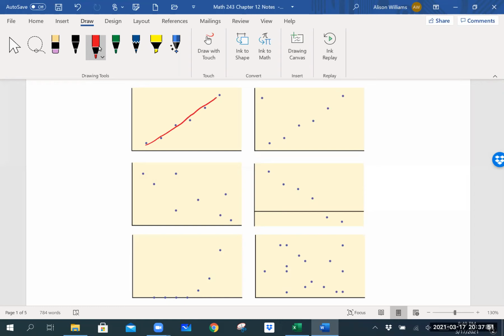So this I would consider a strong linear pattern. But not only that, you might remember with lines, we also kind of tend to think of slope, right? How they're tilting. In this case, it would be going in the positive, increasing direction. So we would say this has a strong positive linear relationship or linear pattern.